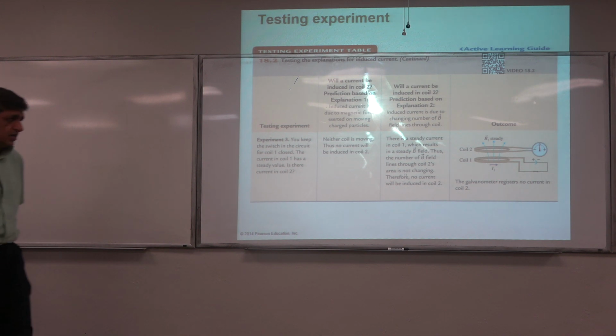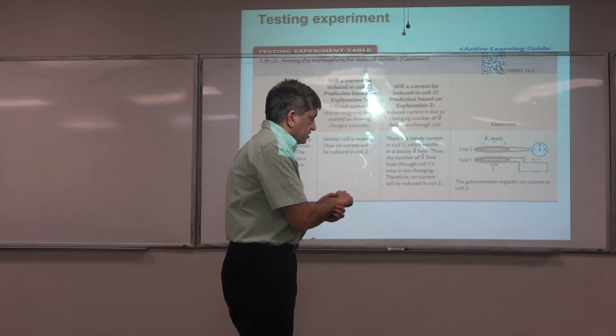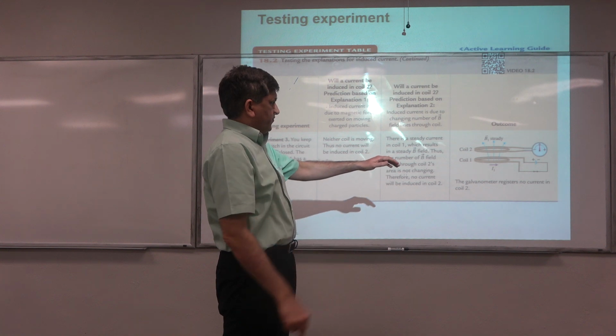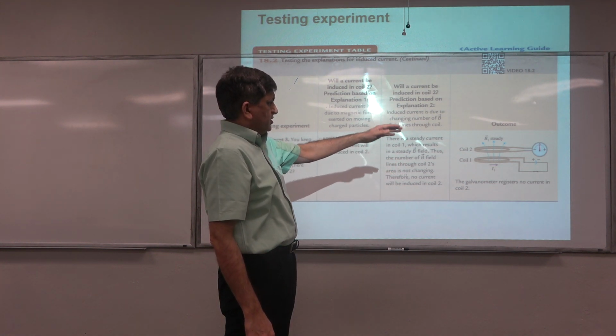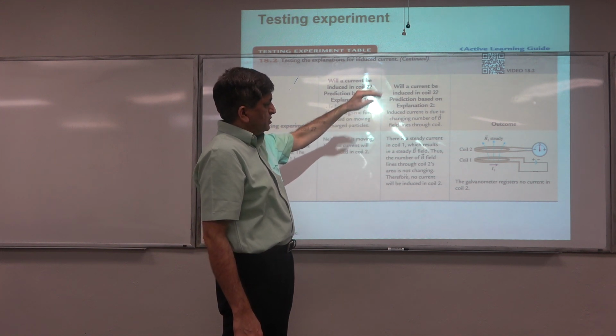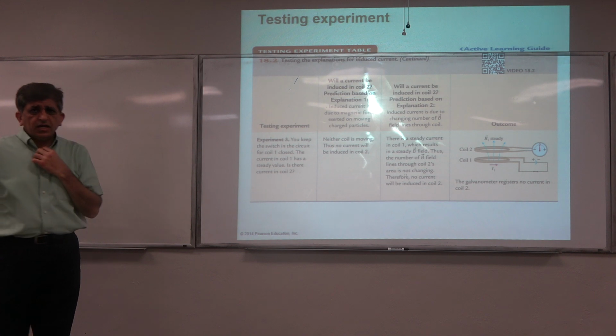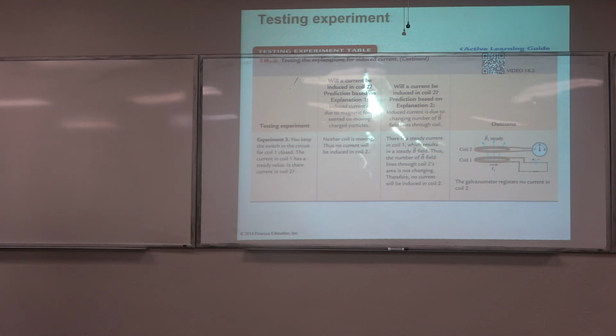First I turn on the switch, the current will start increasing in the first coil, and as a result the magnetic field lines keep increasing and the current is induced. Now if I keep the switch on, after some time there will be a steady current flowing through the coil.